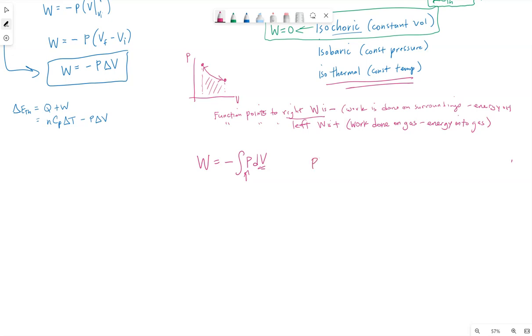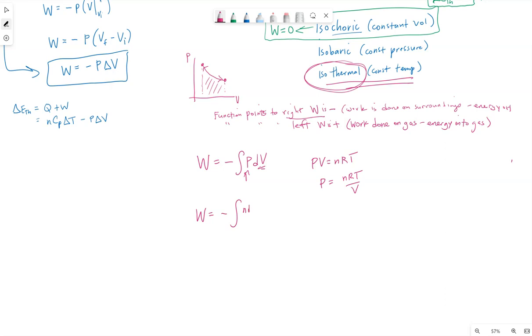Well, we know pressure and volume are always related in the ideal gas law. So we can say pressure is nRT over V. Since all of our processes were assuming a constant number of moles, n is always constant, and R is always constant, and in an isothermal process, the temperature is constant.